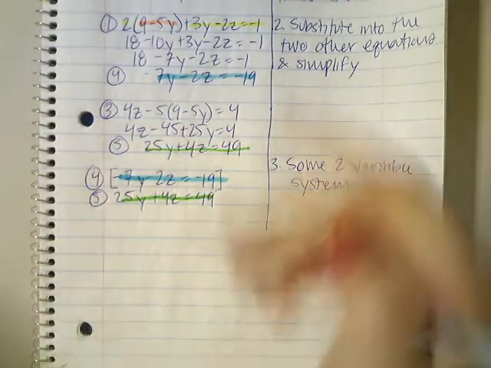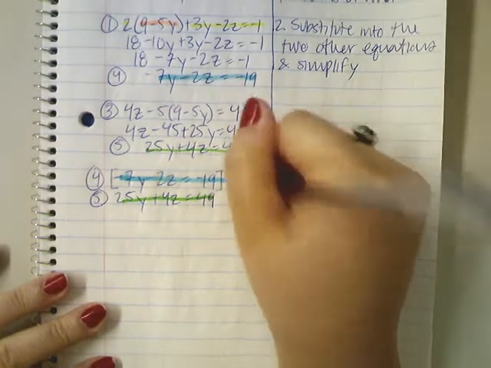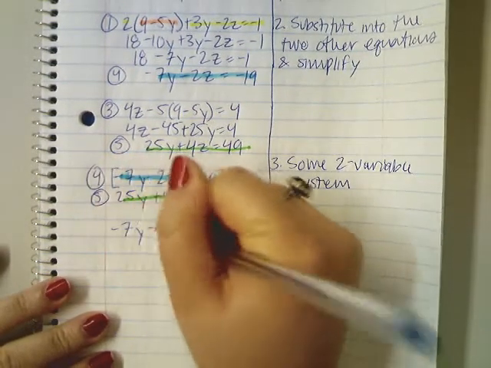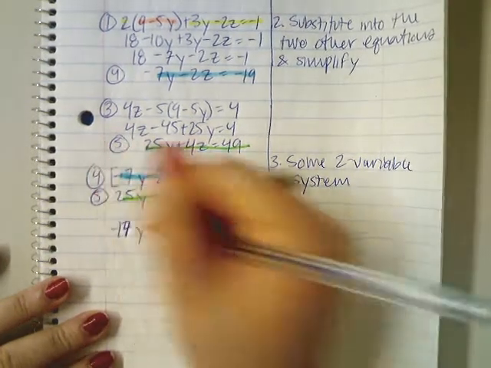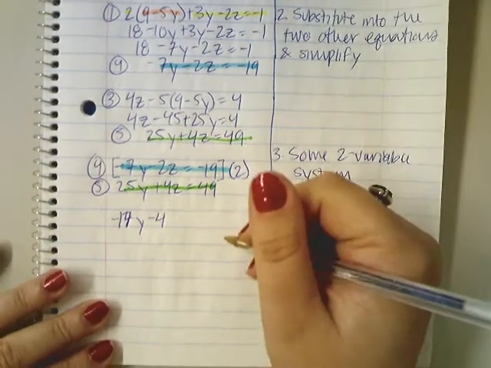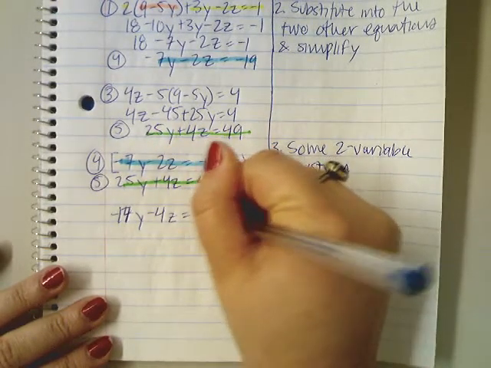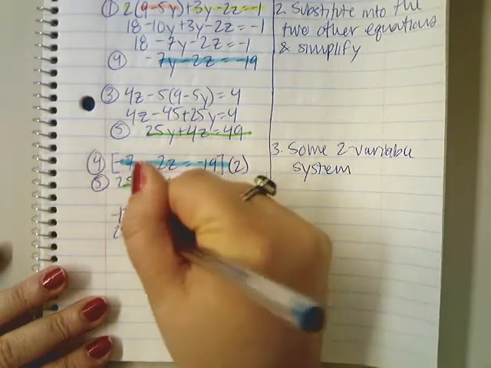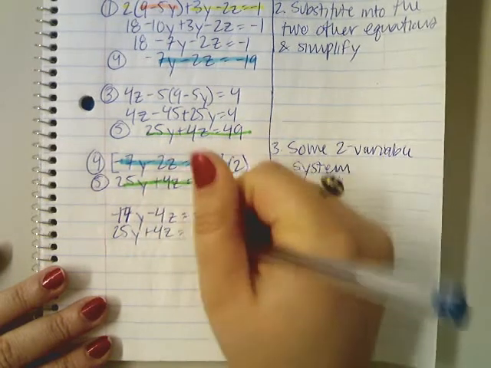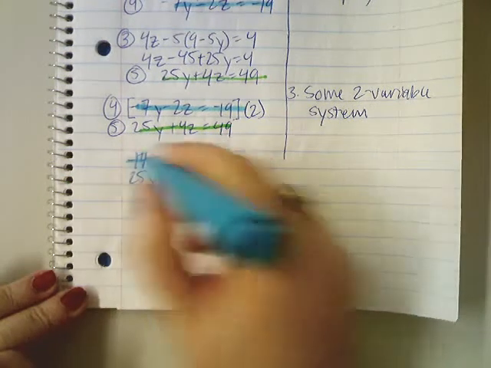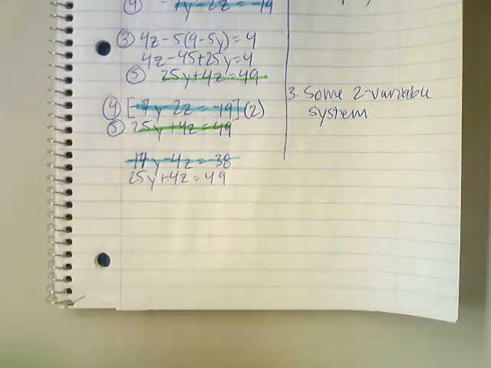I'm going to multiply equation 4 by 2 so that I can use elimination. So I end up with negative 14y minus 4z equals negative 38, and 25y plus 4z equals 49. So these are again equations 4 and 5.